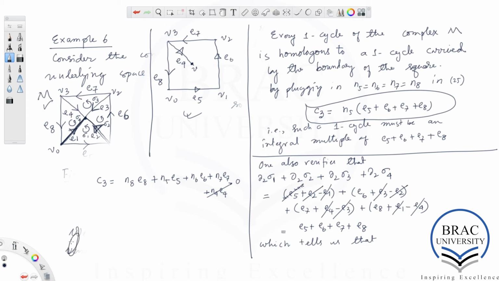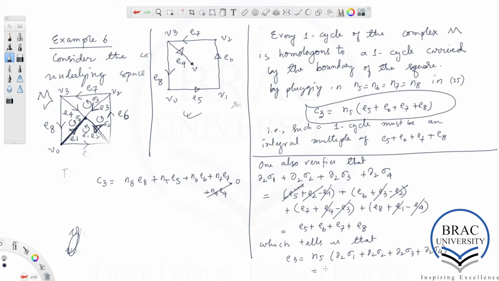So which tells us that C3 is equal to N5 times del 2 sigma 1 plus del 2 sigma 2 plus del 2 sigma 3 plus del 2 sigma 4, right?